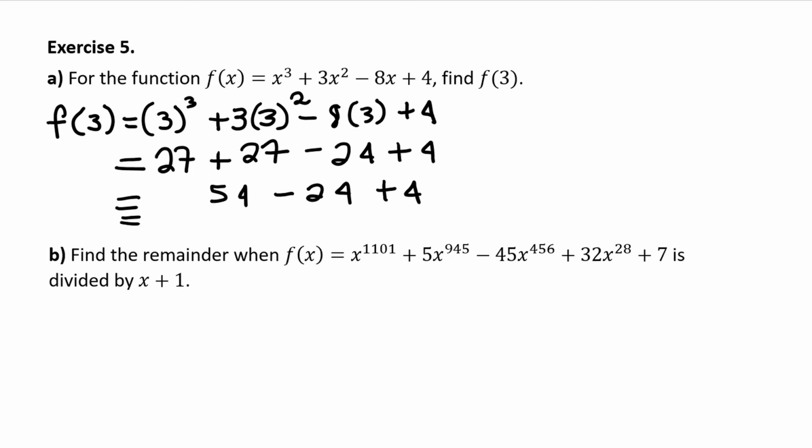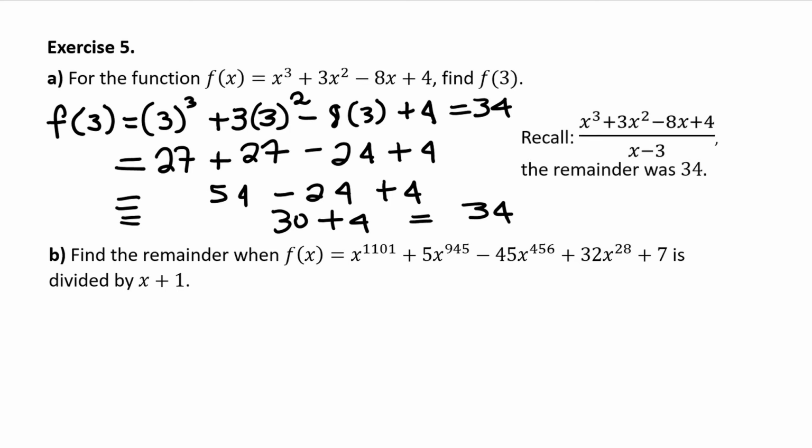And let's see, 24 subtracted from 54 is 30, plus 4. So the function evaluated at 3 is 34. Let's recall that when we did synthetic division for x cubed plus 3x squared minus 8x plus 4 divided by x minus 3, the remainder was 34.